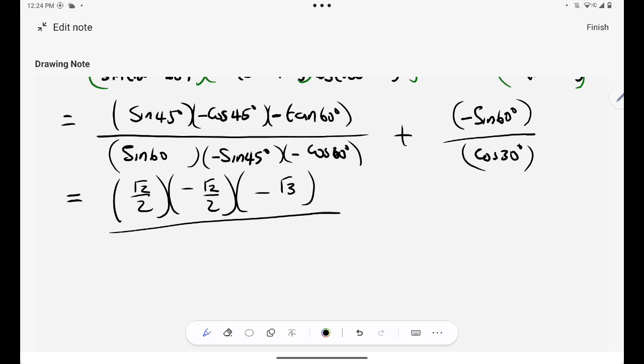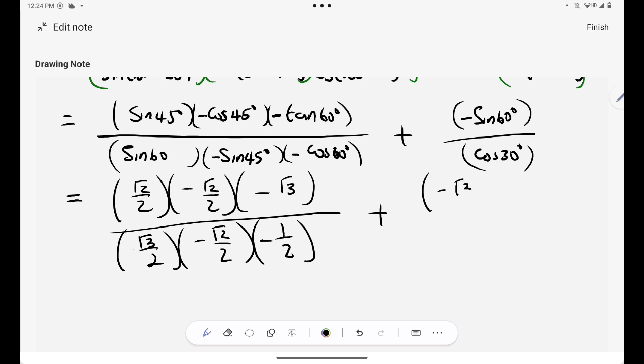And then here I will have square root of 3 all over 2. And then I'll have the negative square root of 2 over 2 multiplied by negative 1 over 2. Plus, I have a negative the square root of 3 over 2 all over the positive square root 3 over 2. All together.